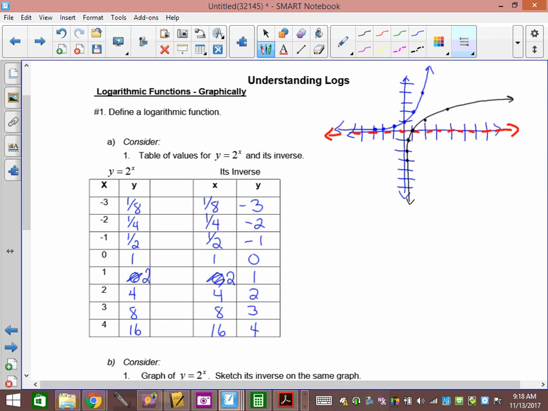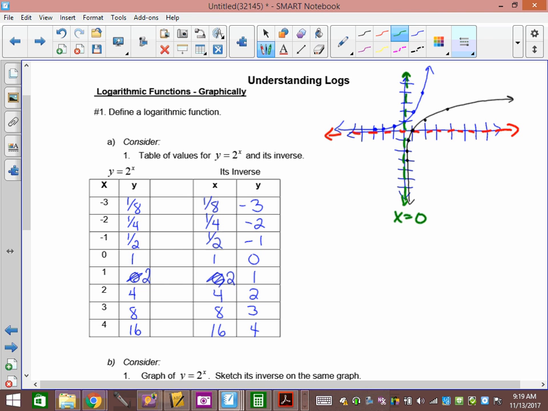So it looks like this. And now I have a vertical asymptote on the y-axis, which is the equation x equals 0.